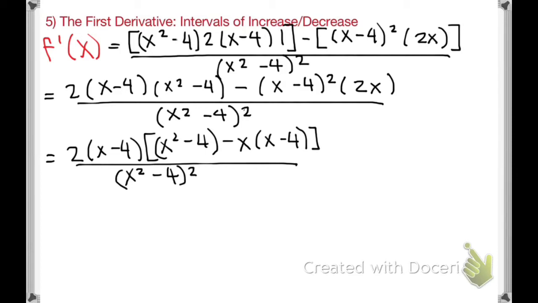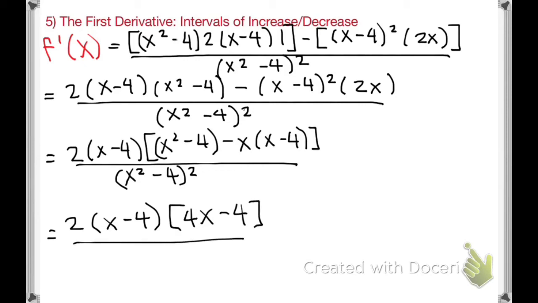Now when we simplify that, we're going to get 2 times x minus 4 times 4x minus 4 all over that denominator of ours, which is still (x squared minus 4) squared. Now what we can do is factor out a 4.